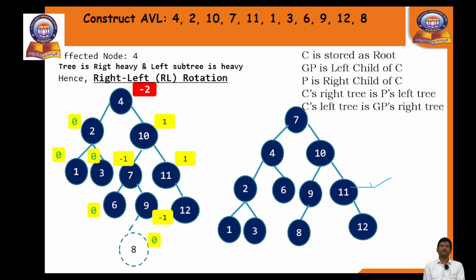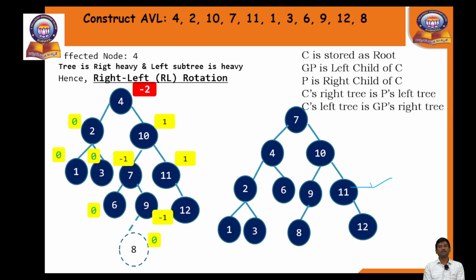So far what we have learned is, we have covered the single rotations as well as the double rotations. In the case of the single rotations, that is LL rotation and similarly RR rotation. That is, when the tree is right heavy, rotate left. And when the tree is left heavy, then rotate right. Similarly, when the left tree is heavy, and out of which the right subtree is heavy, then in such cases you have to perform LR rotation.